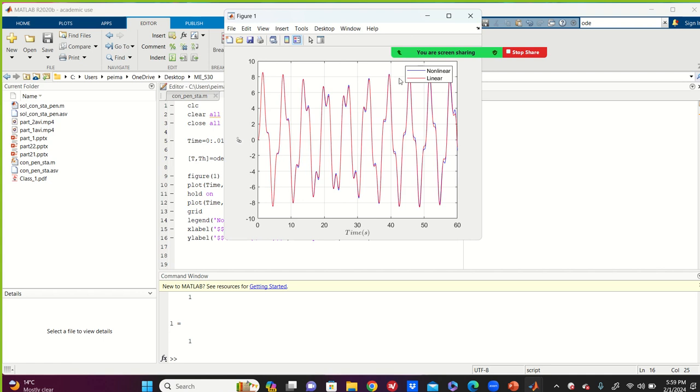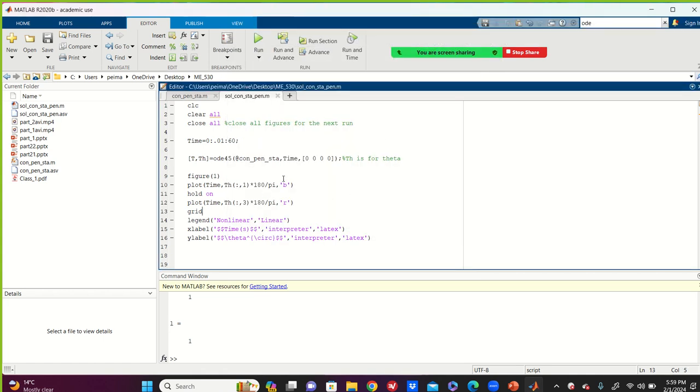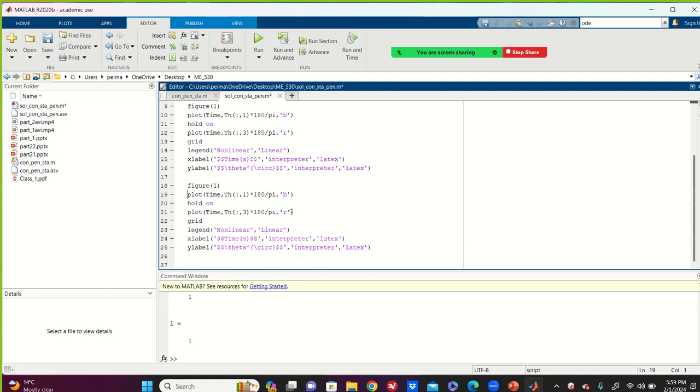Do you see that, everyone? Yes? And the nonlinear moving pendulum, linear moving pendulum. Okay? So we plotted the angles. Now I'm also going to plot the angular velocities.